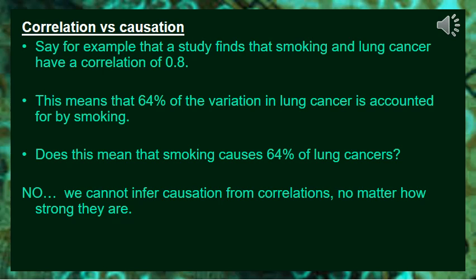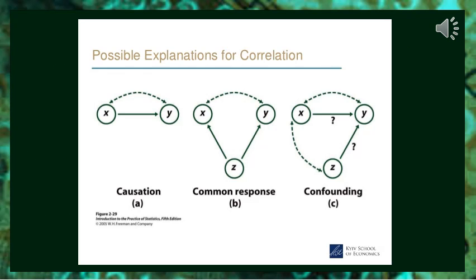To say that there is a causation between two variables, we need to conduct a lab experiment, a lab behavioral experiment in social science. A causation will be illustrated by the drawing on the left here. X causes Y directly. This is what you can say if you do a lab experiment.